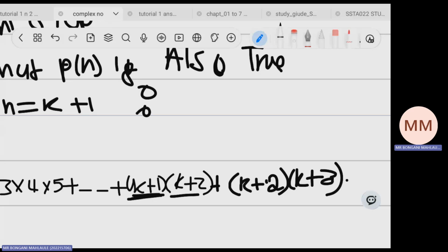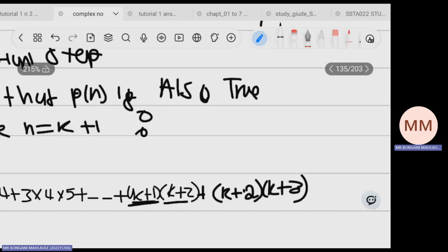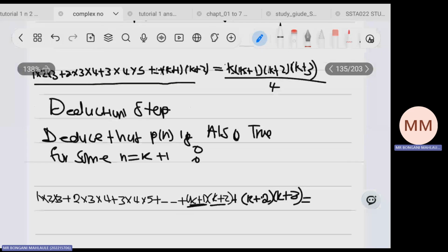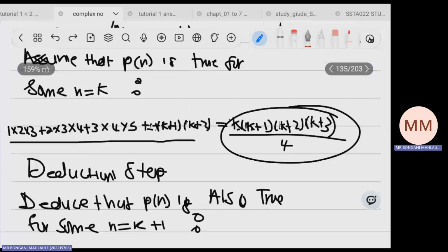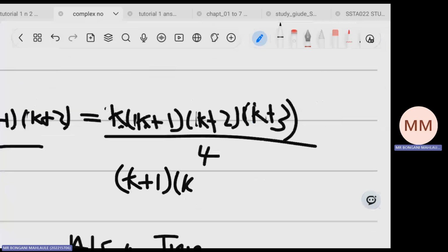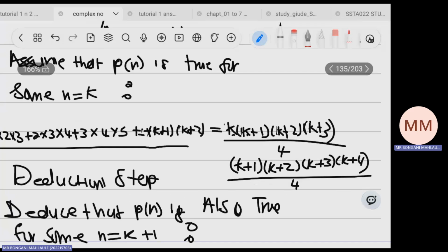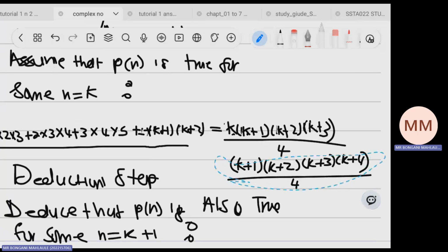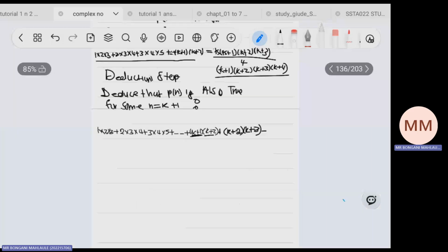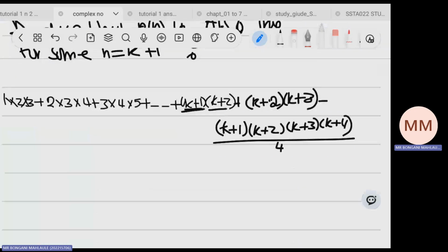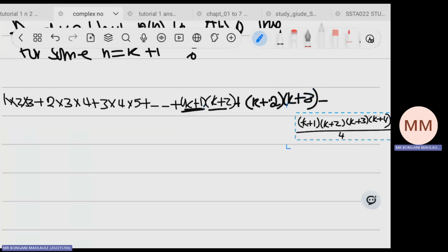Then it will be equivalent to, we just put k plus 1 there. So this gives us k plus 1, k plus 2, k plus 3, k plus 4, all over 4. So we know that will be equal to that.